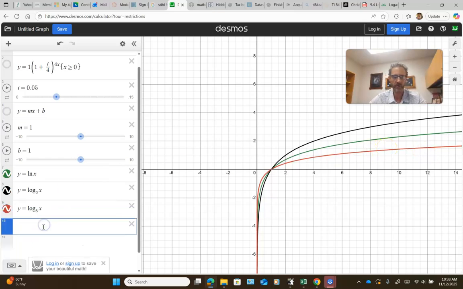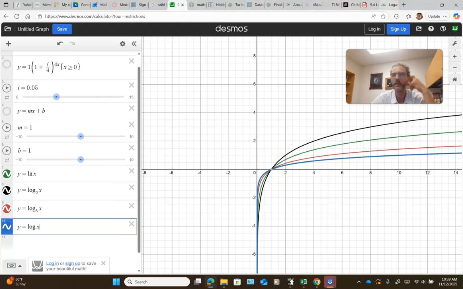Now let's do one more. Y equals, let's just do the common log of x. There it is in blue. See that? And the reason is because think about the corresponding exponential functions. How when the base gets bigger, the function gets steeper. You guys remember that? So here, the larger the base for the logarithmic function, the flatter it gets.